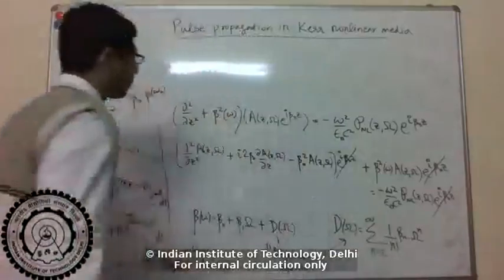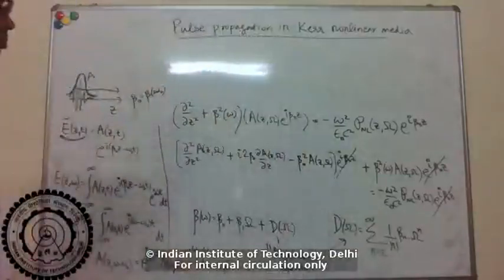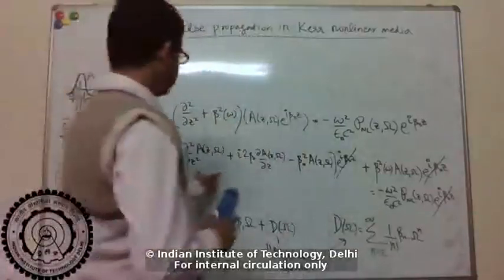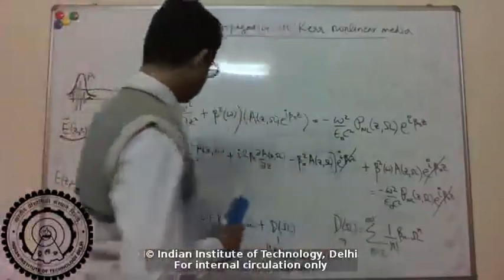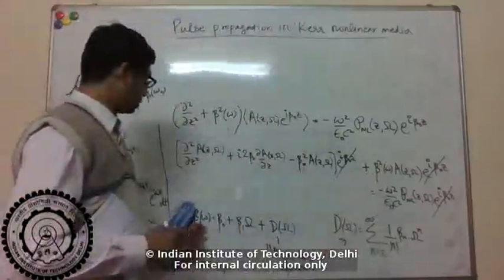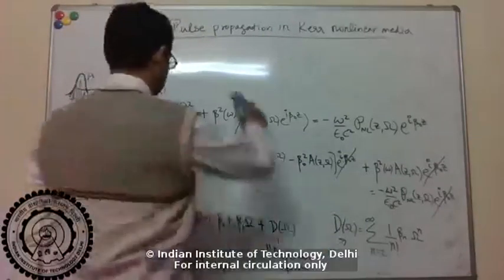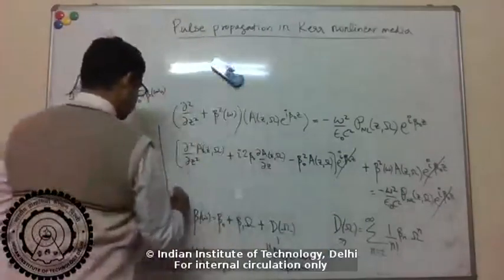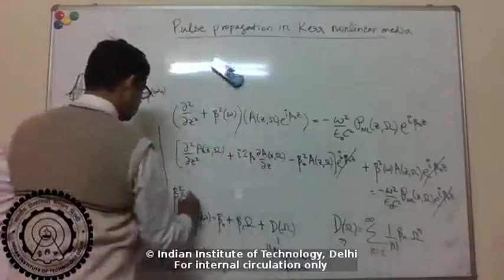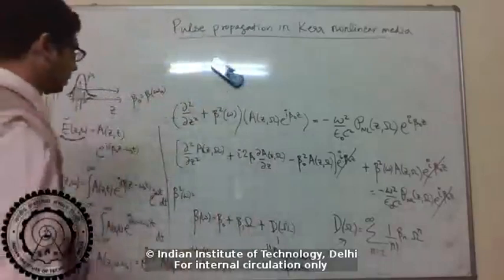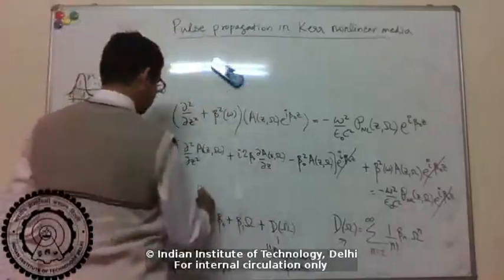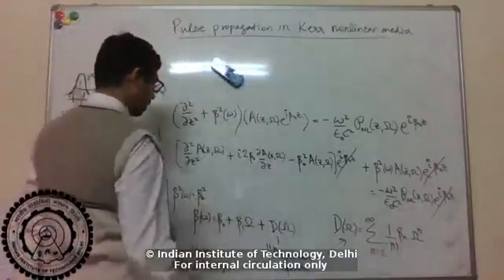Okay, so you can see in the equation we have a beta squared here. Okay, so if we write beta like this, then beta squared is basically the square of this, right? So it will have beta naught squared.